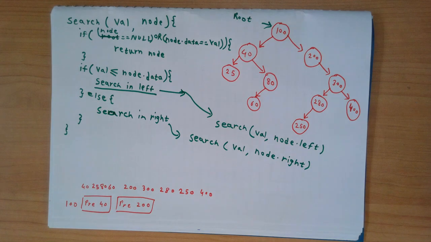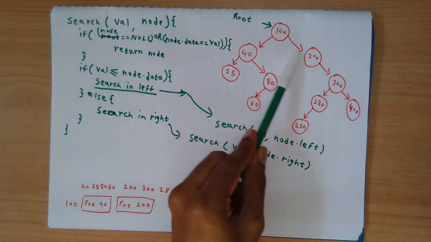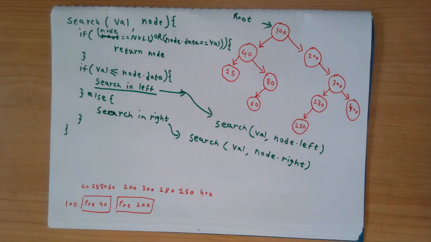So in the worst case, the number of steps that I have to take will be proportional to the height of my binary search tree. And we have seen that in the worst case, the height of the binary search tree is proportional to the number of nodes in your binary search tree.